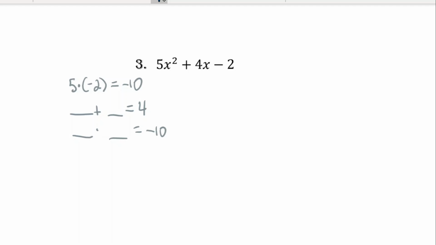And I can't think of anything, so I start thinking, okay, what are the factors of 10? I've got 1, 10, 2, 5. Nope, those are not going to be able to become 4 when I add them or subtract them. Therefore, we can say not factorable.